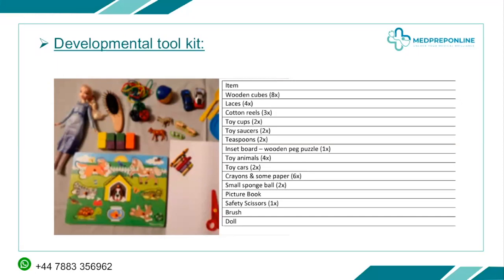Sometimes no, they are just giving you the information. And sometimes they can act. Let me give you an example. In my exam, it was a social and communication station. The examiner started to act like a child. He was not responding to anything in the start.